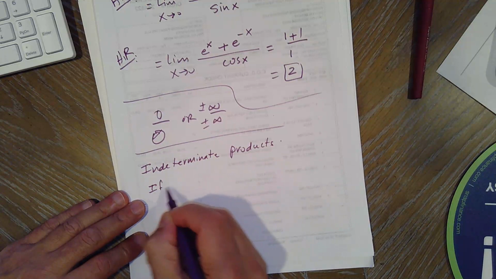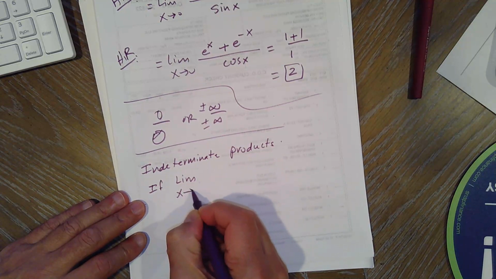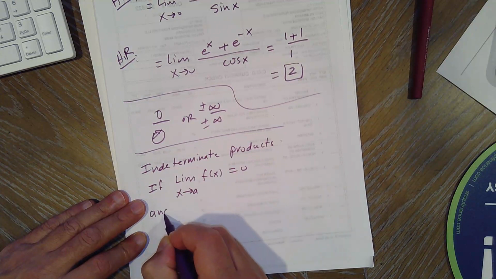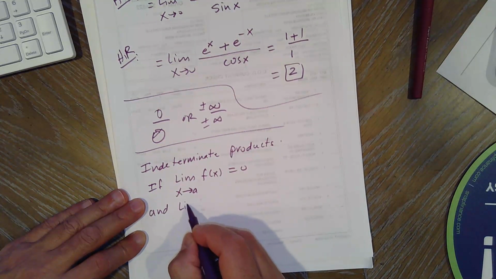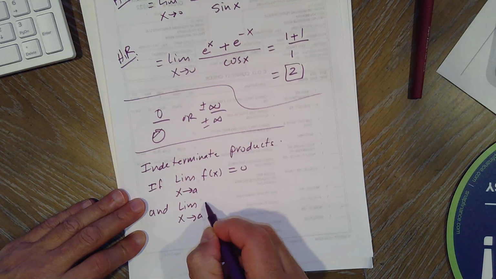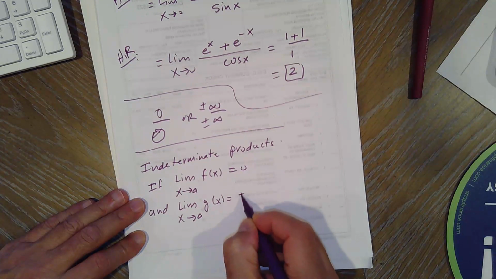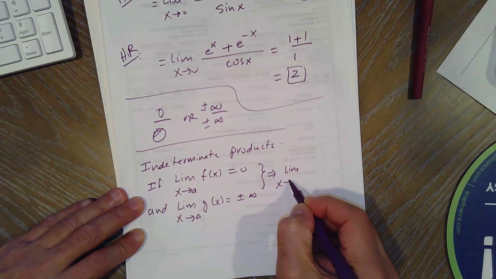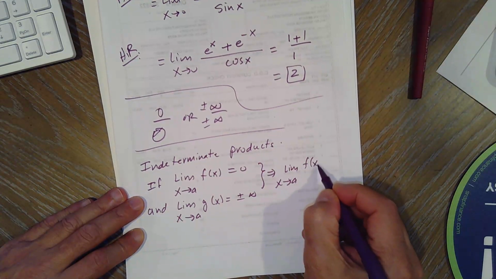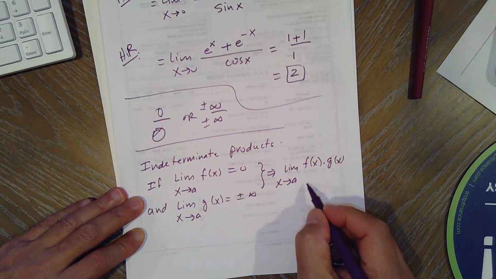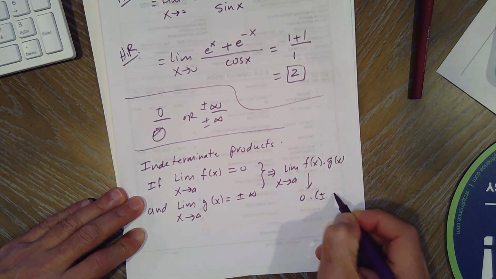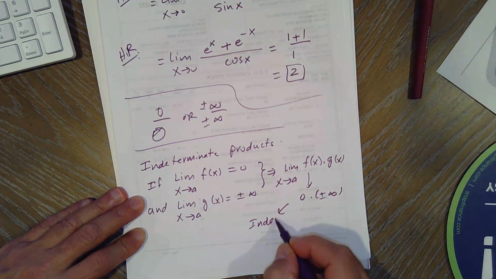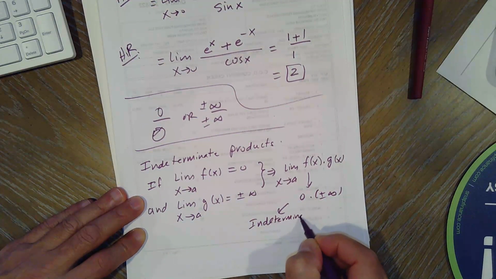So if the limit as x goes to a, f of x equals 0, and the limit as x goes to a, g of x equals plus or minus infinity, that means the limit as x goes to a of f of x times g of x, you're getting 0 times plus or minus infinity. So this is indeterminate. We don't know what the answer is the way it is, so we have to work it out.